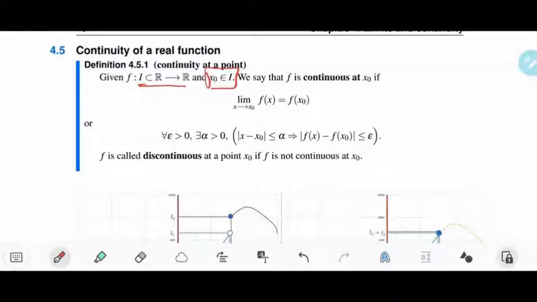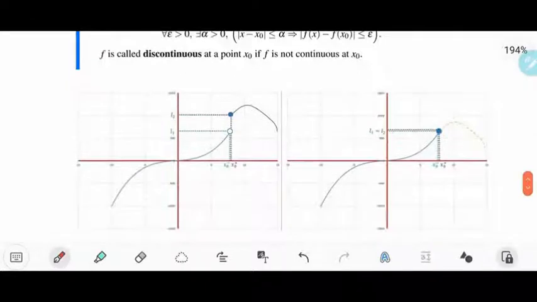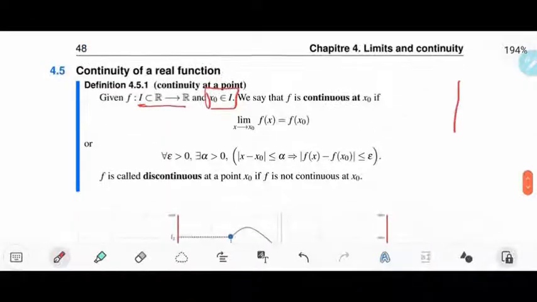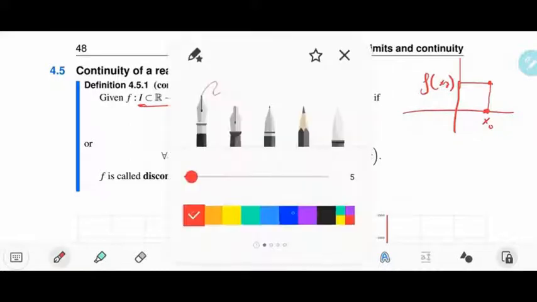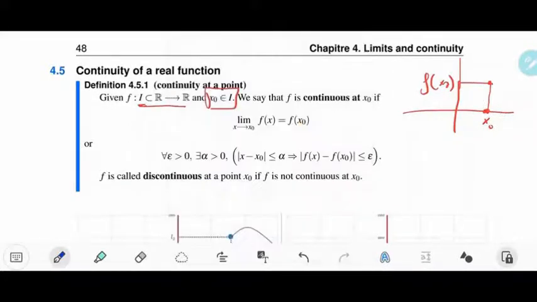What does it mean? It means that if you have a function, and this function is taking a value at a point x0, then if you approach x0 from the left side, the images will be approaching f of x0.